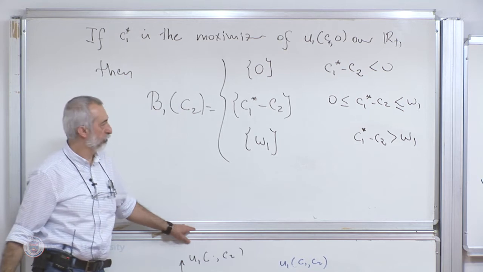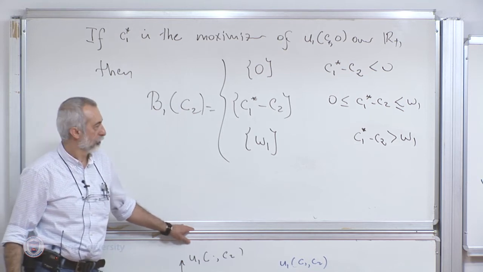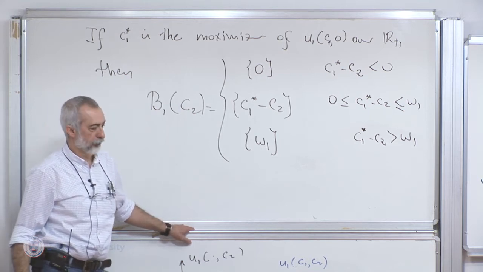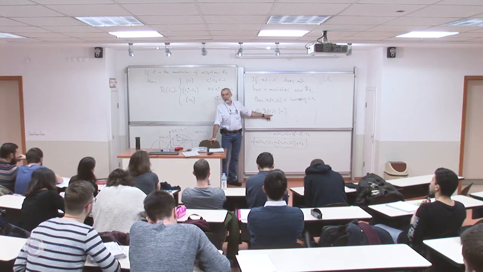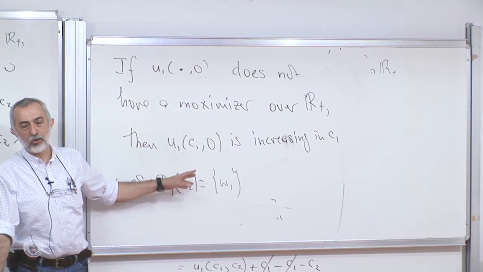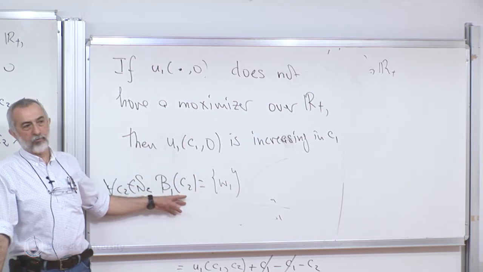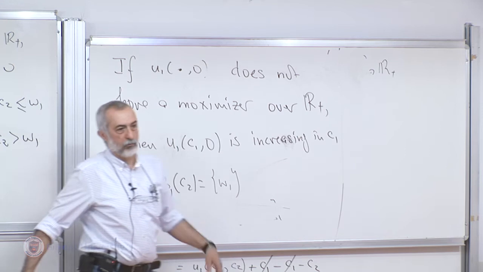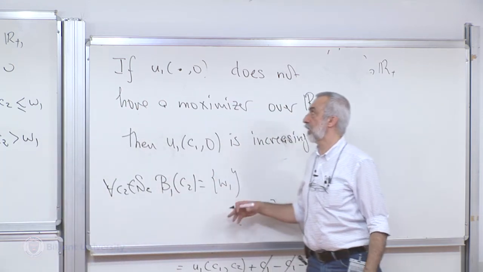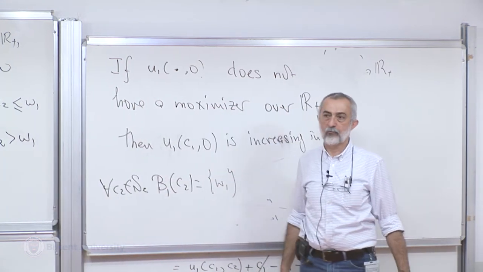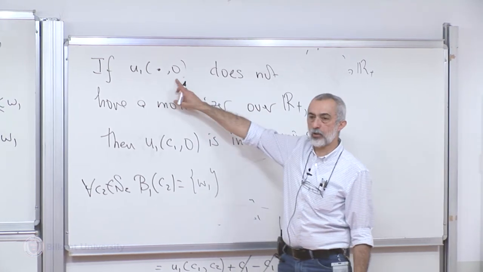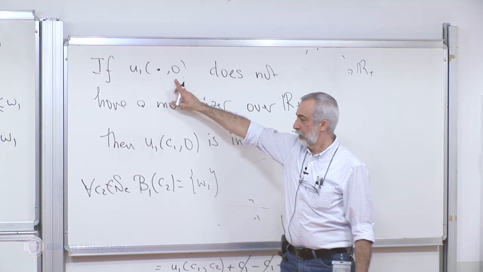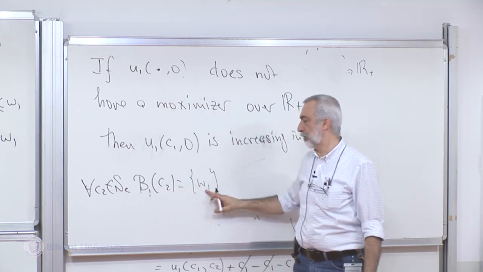Come on, try to do it fast. Well, this case is easy, right? If the preferences of both agents are such that they don't have a maximizer over R plus when the opponent contributes 0, the best response of player 1 is W1.